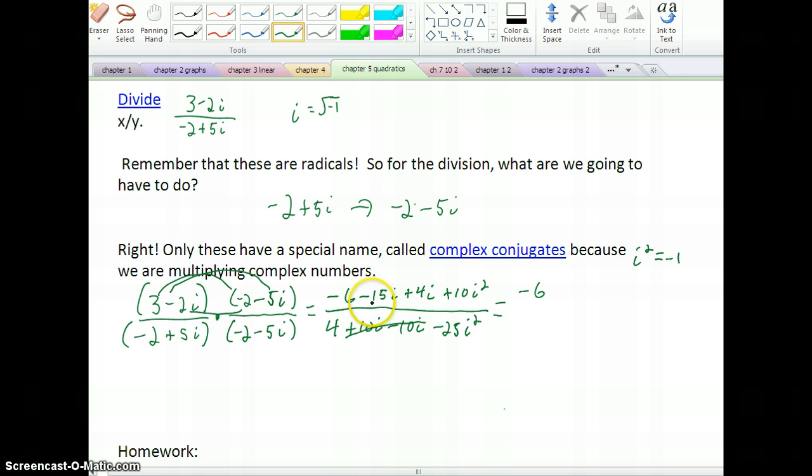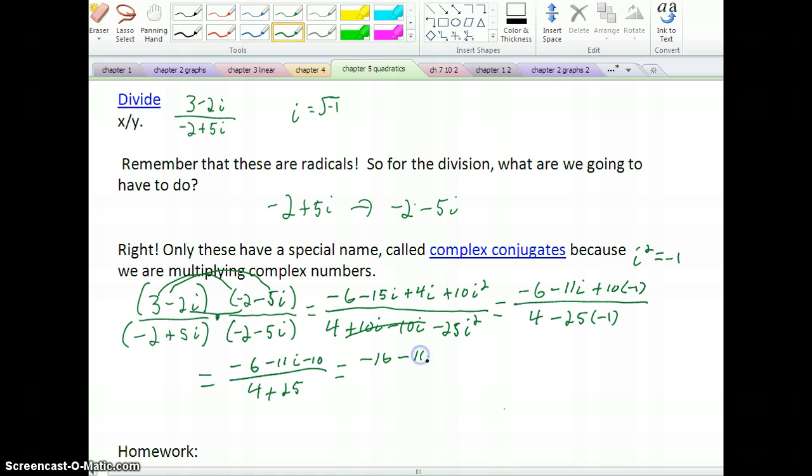So we'll take negative 6, negative 15i plus 4i gives negative 11i, and then plus 10 times negative 1. In the denominator we have 4 minus 25 times negative 1. So in the top we have a negative 6 minus 11i minus 10 over 4 plus 25. Now if we simplify again in the numerator, negative 6 and negative 10 give us negative 16, and then minus 11i.